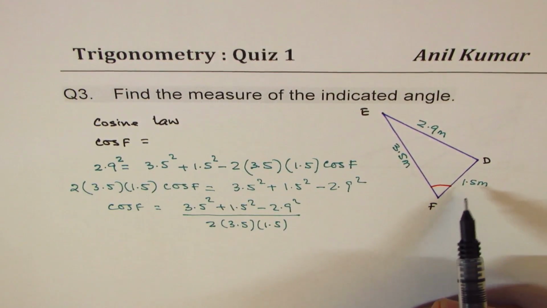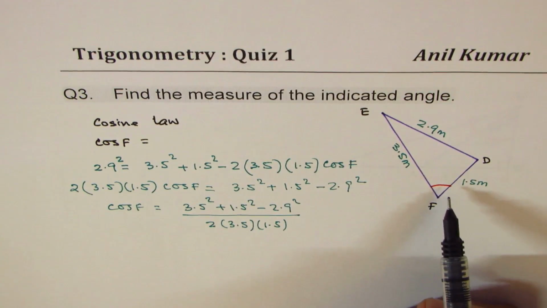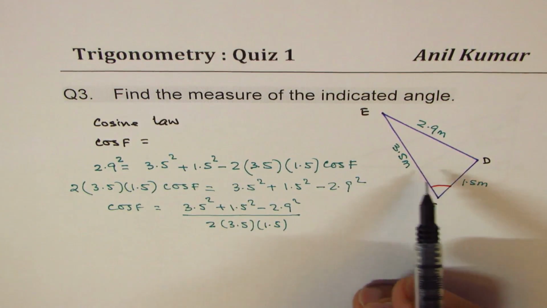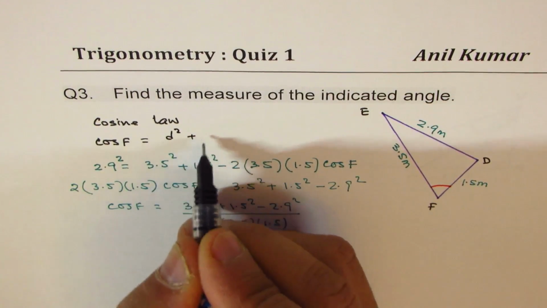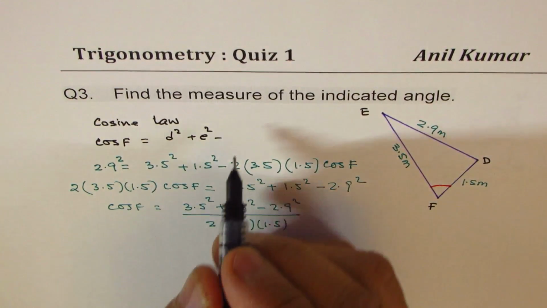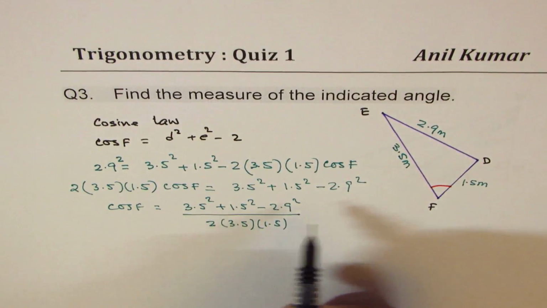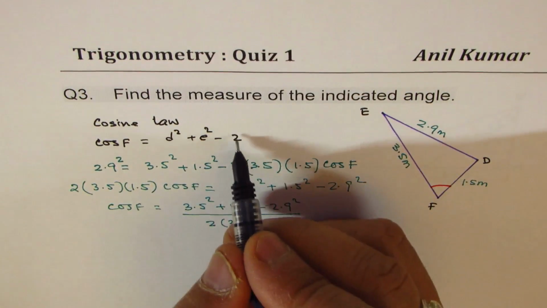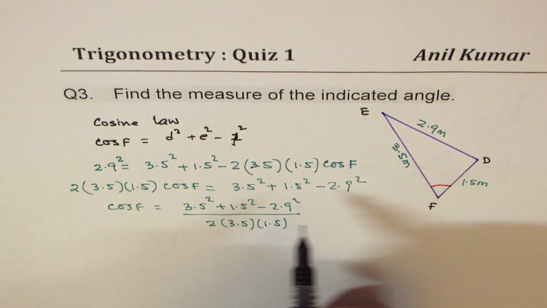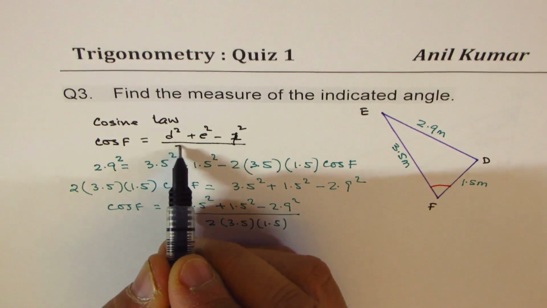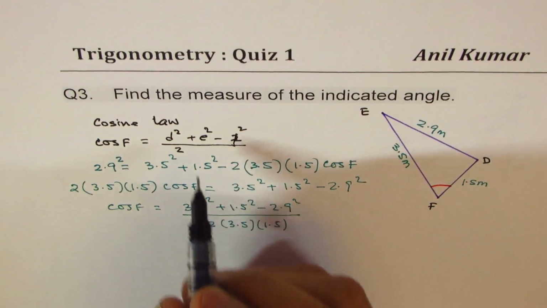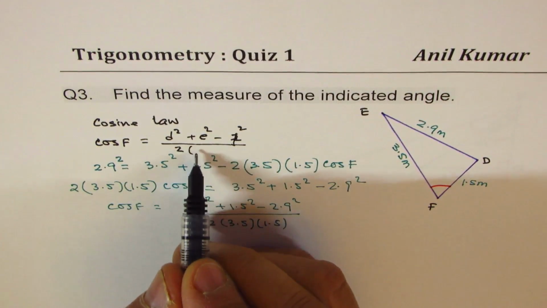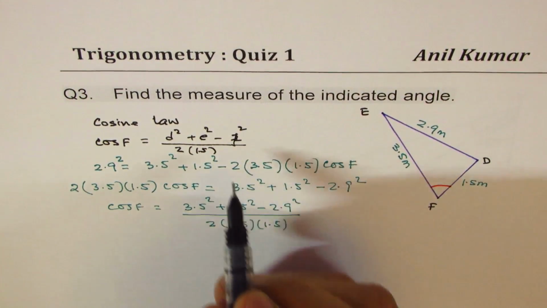So if we are looking for the angle F, then we have to write square of these two sides, right? So which is d square plus e square minus f square divided by 2 times product of these two, which is d and e, 1.5 times 3.5.